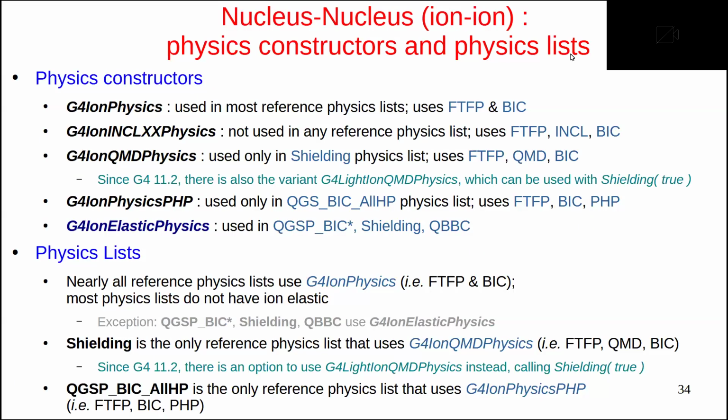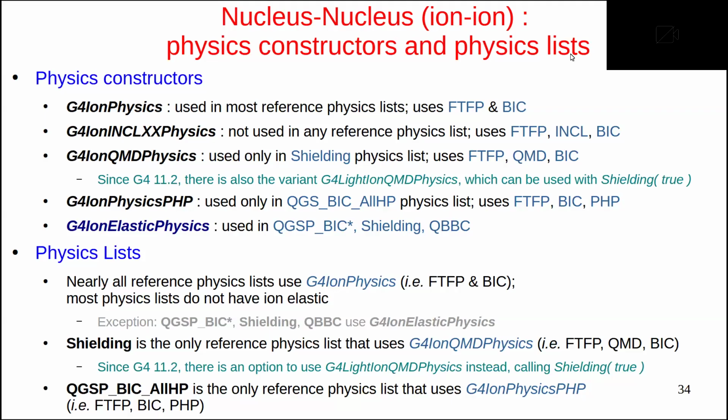These are the physics constructors, so basically how to use these models. These are the sets, each of them using some of the models that I just explained. Ion physics, which is used in most cases, uses FTF and binary. Then there is the ion INCL, which uses FTF, INCL, and binary.